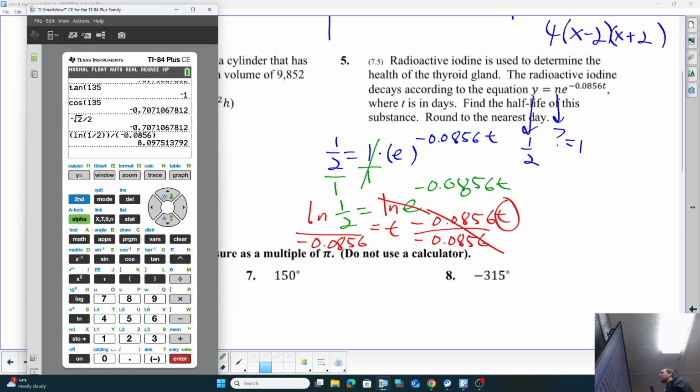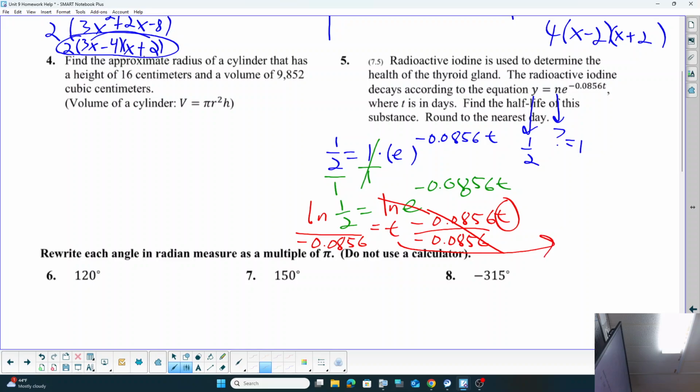And then we get t. So we get 8.09. t equals 8.09. It says round to the nearest day, so the nearest day would probably be 8 days is what we're looking at there.